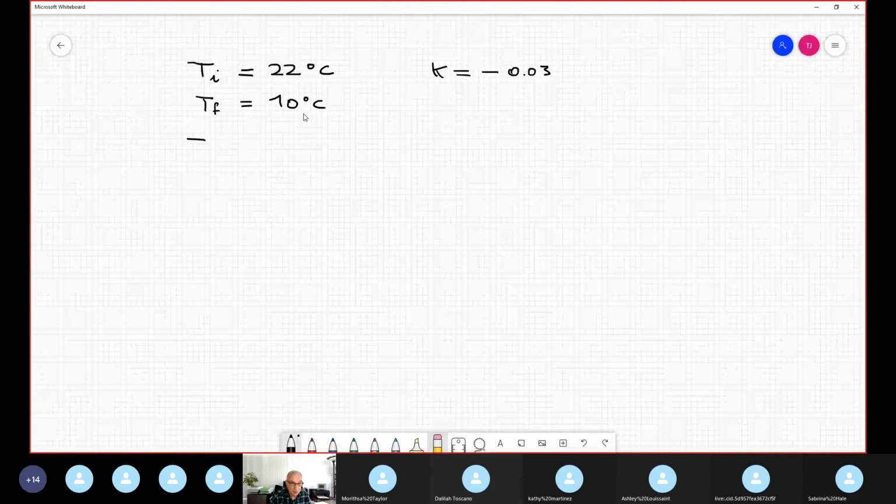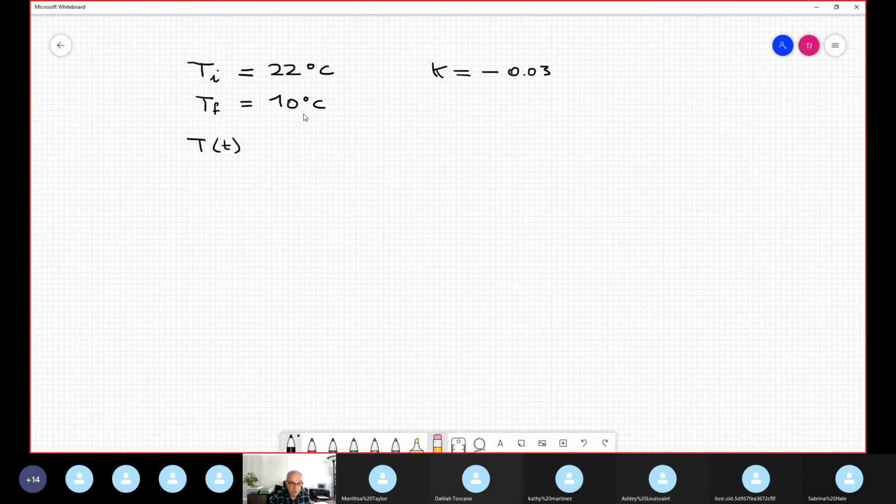For the cooling process, temperature at any time is equal to temperature final plus parenthesis, temperature initial minus temperature final, exponential KT. But K is given.